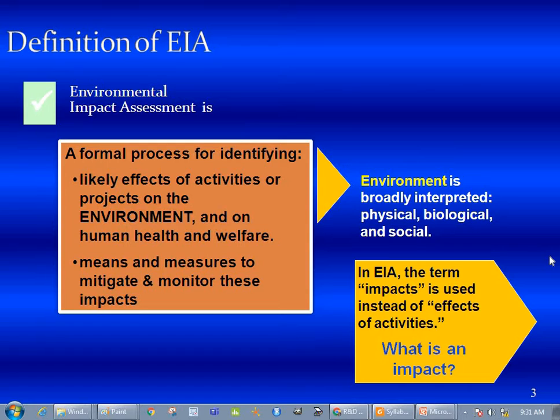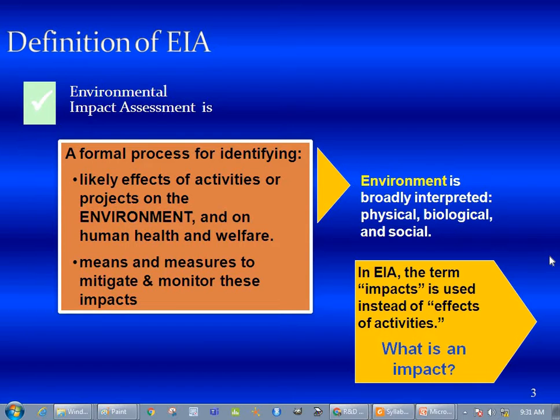Not only what the effects are, but also the means to study the effects, the means to measure the effects, the steps you can take to mitigate and remove them, and how to monitor that the mitigation activity has taken place. All these things should come in the EIA report. Only after that will there be clearance for the project to be executed.